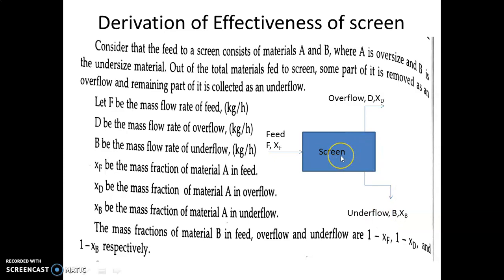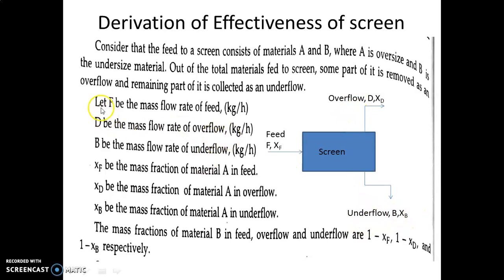So the material having diameter greater than 10 millimeter remains in the overflow, and material having diameter less than 10 millimeter goes into the underflow. In this way we can separate the overflow and underflow material.